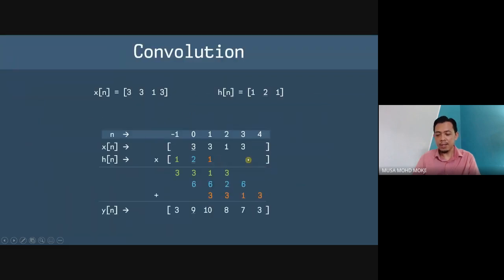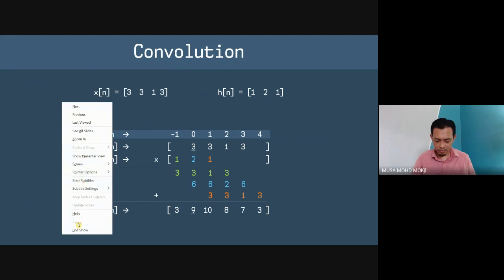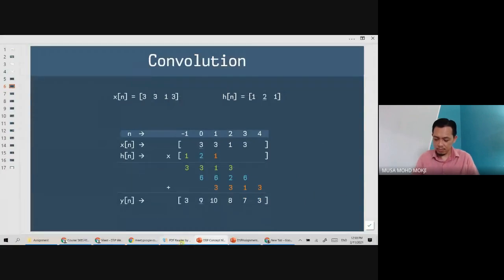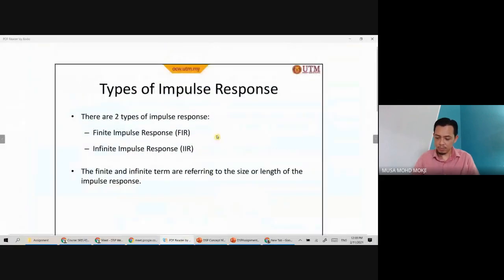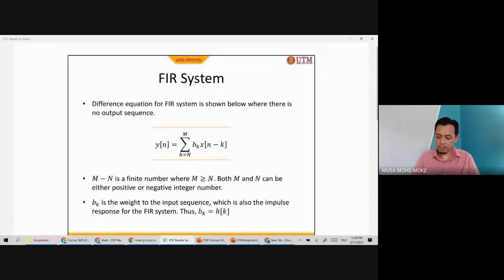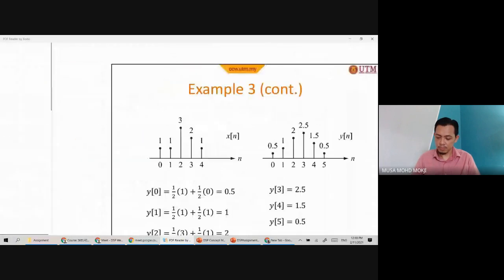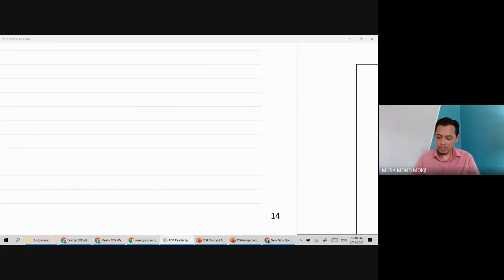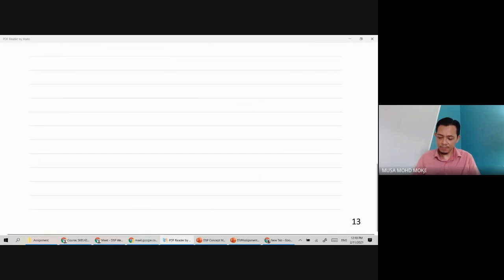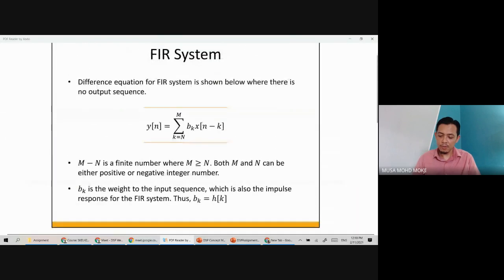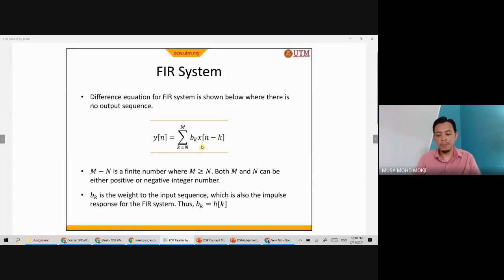Next, we will look into convolution. I just want to show this again. For FIR, please look into this equation carefully. You need to remember this equation.